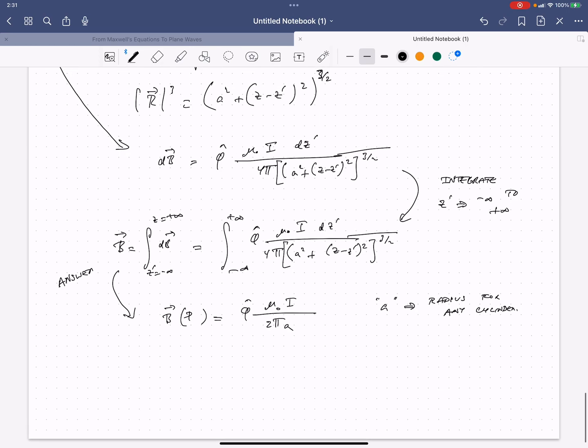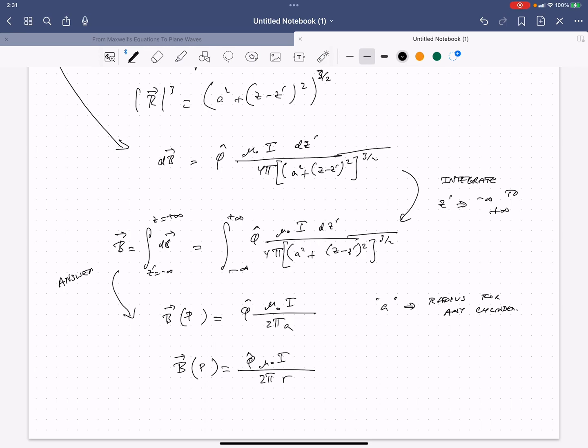If I replace it with R, the magnetic flux at any point in space is phi bar mu naught I over 2 pi R along the line.